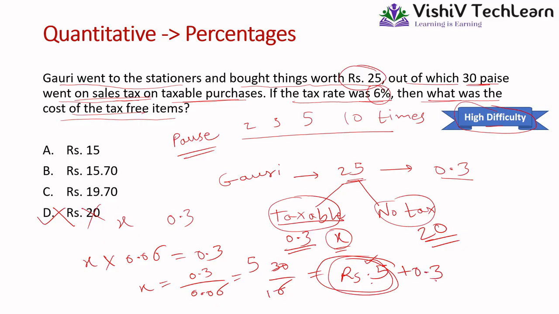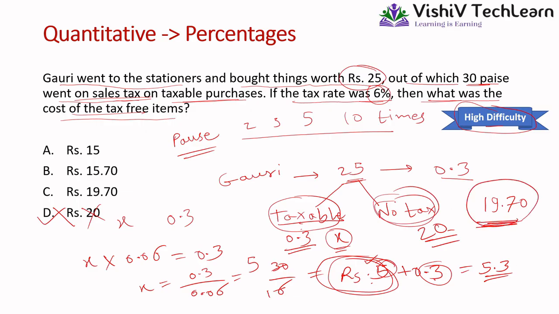So 5 rupees plus tax 0.3, that is 5.3 rupees, and this is the correct value of taxable items. Taxable items of rupees 5 and tax 0.30, and the remaining means 19.70. 20 minus 0.3, 19.70 rupees will be spent on non-taxable items.